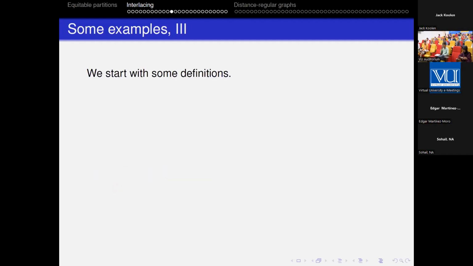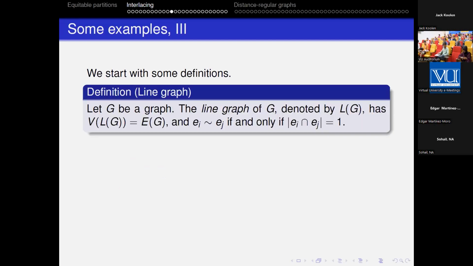Now we have to start with some definitions for the second example, because we want to show that something is not Hamiltonian. For the proof we need the line graph of a graph. What we do is take the edges as our vertices, and 2 edges are adjacent if they intersect in exactly one endpoint.